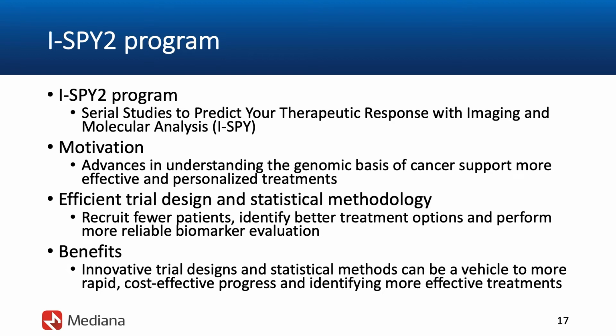Specifically, Bayesian statistical methods were used in this program, and the ultimate goal of using this adaptive approach to trial design was to recruit fewer patients, but at the same time identify better treatment options and perform more reliable evaluation of biomarkers that could potentially help develop those tailored or personalized treatments.